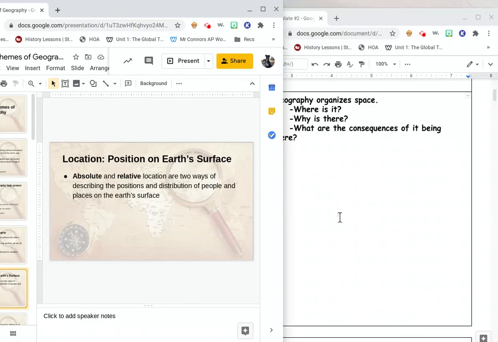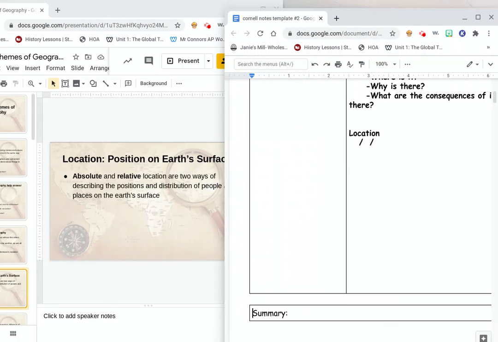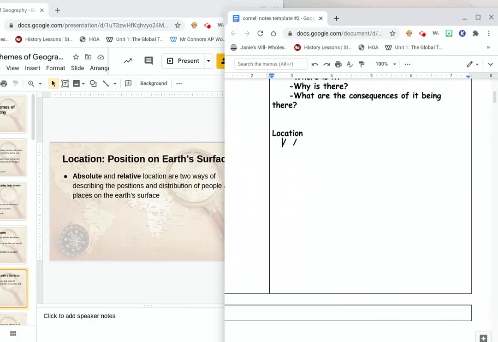What we will write is that location can be split up into 2 different parts. It can be split up into absolute location and relative location.